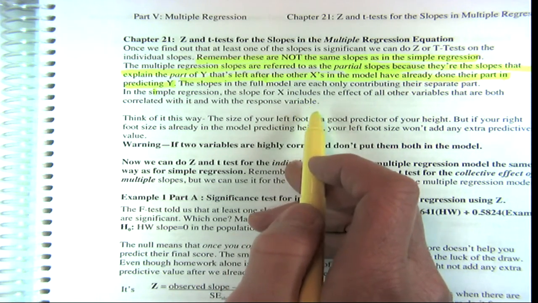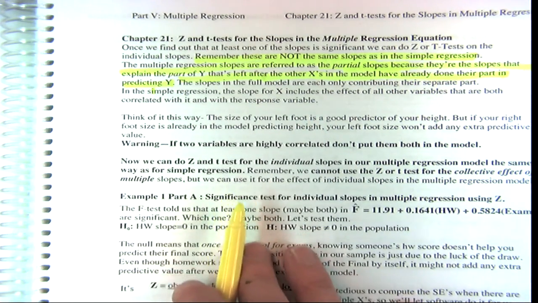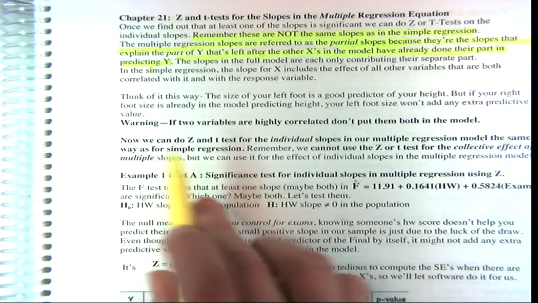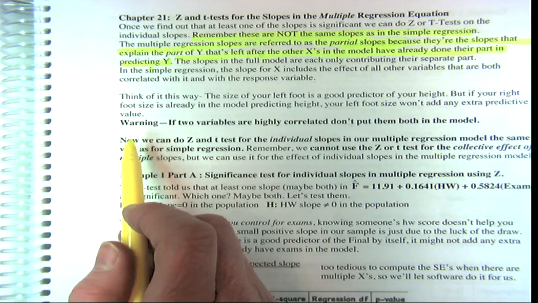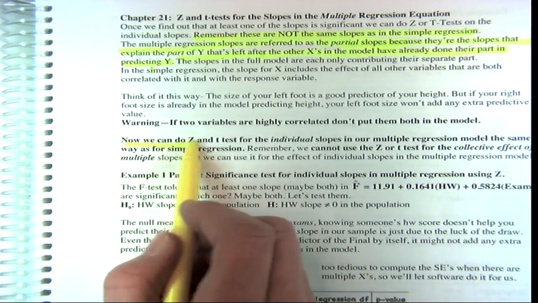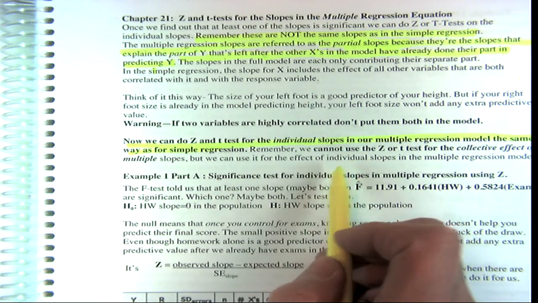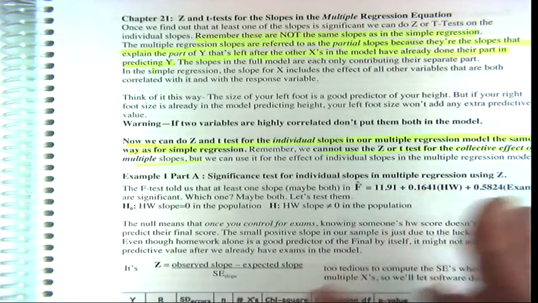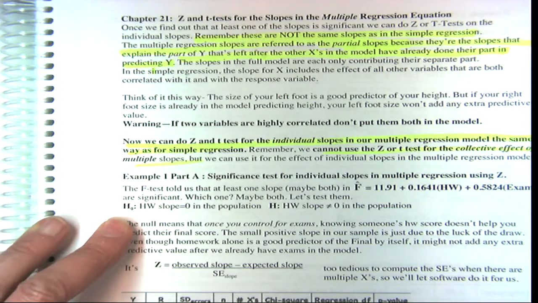Now, if we found significance overall, we can test for the individual slopes in our multiple regression using a Z or T test. Remember, we can't do that for the collective effect, but we can for the individuals. So that's what we're going to do now. Any questions on that?